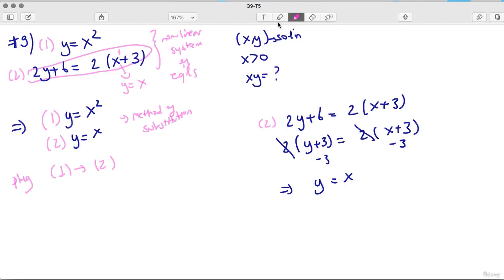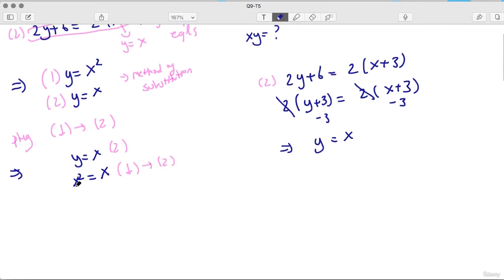The second equation is y equals x. Well, in the first equation y is x squared, so I'm going to substitute y with that. y is x squared, and on the right side we still have x. So this is my second equation, after plugging 1 into 2.